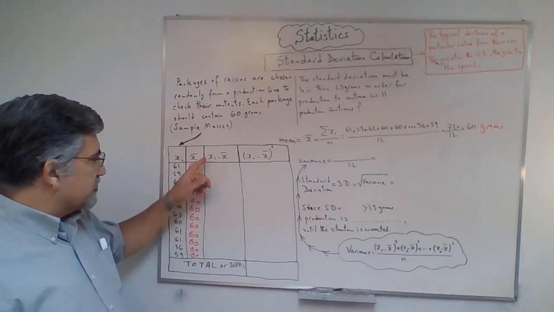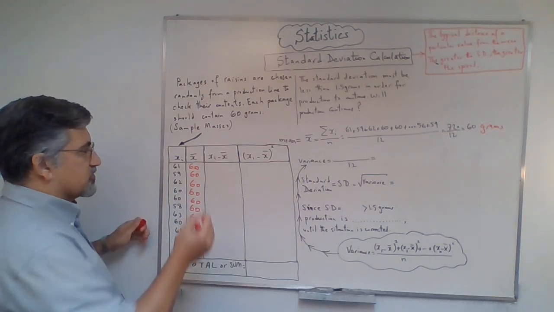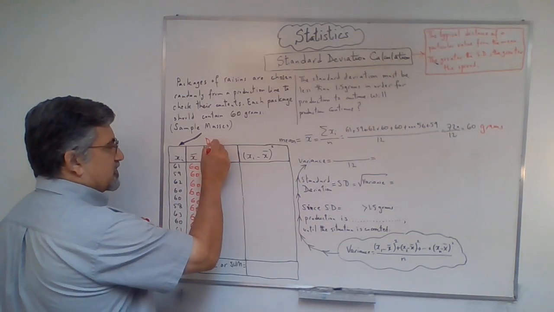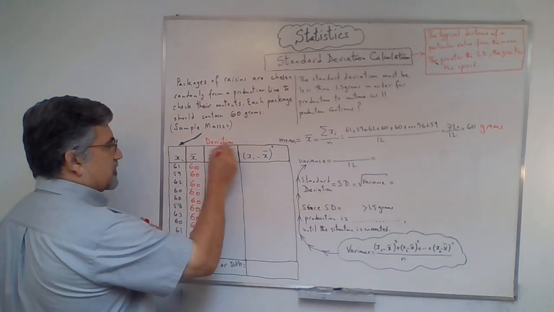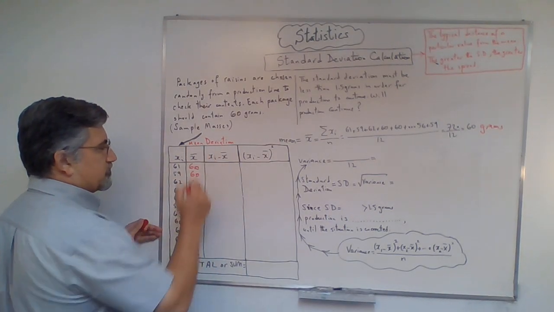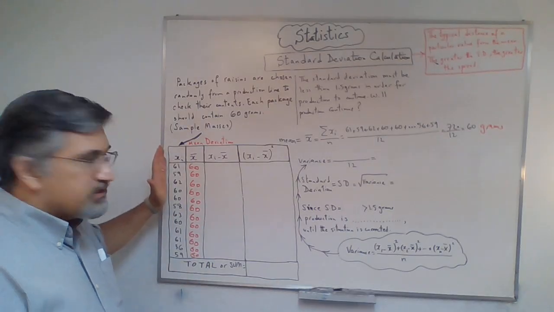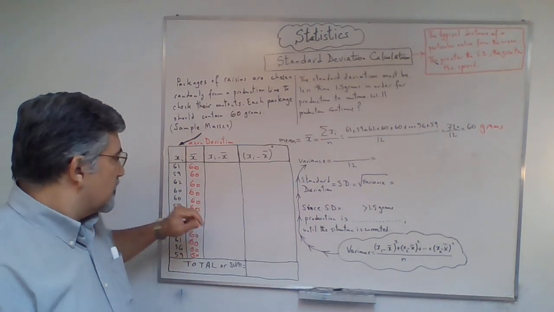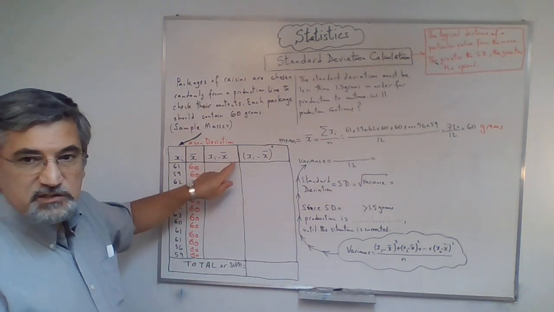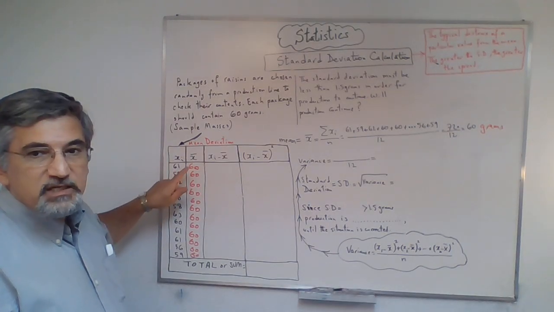Now in the next column, we have the so-called deviation. So this is the deviation column, and this was the mean column. Deviation means the difference between every data value and the mean. So here we have xi minus x bar. So we have 61 minus 60, basically.